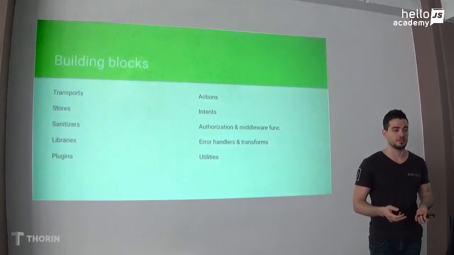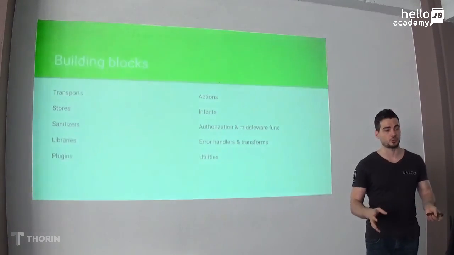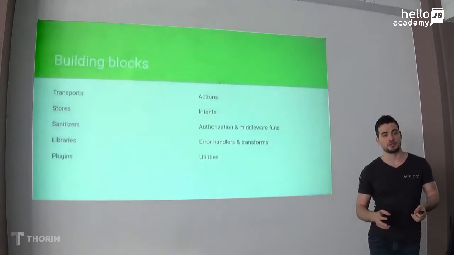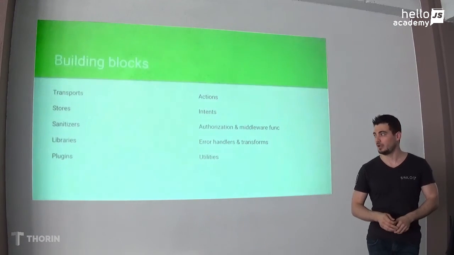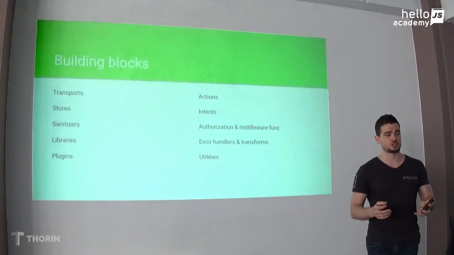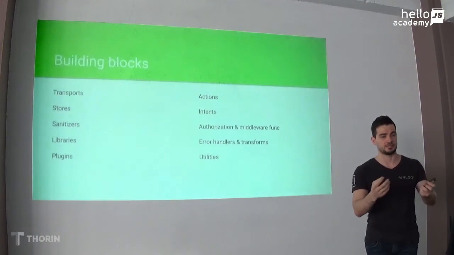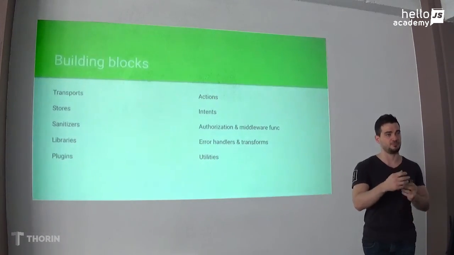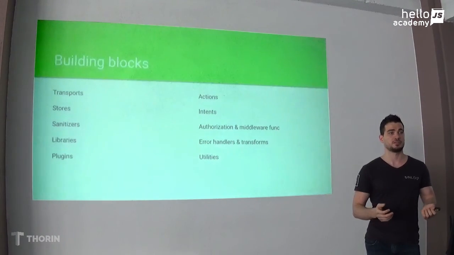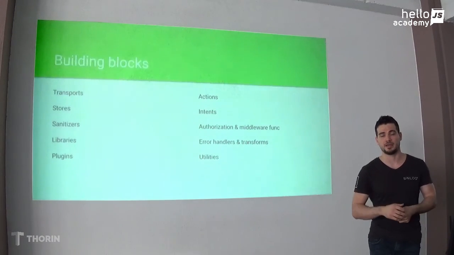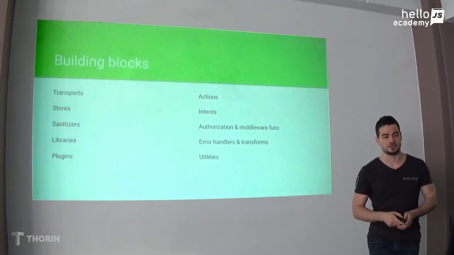But in Thorin, I wanted to call them actions because I wanted Thorin to easily integrate with a React application that uses Redux or the Flux pattern, where you essentially have action types that are happening, and then those types have a payload. So, for example, if you want to log in a user, the type would be user.login, and the payload would be the actual information of the user.